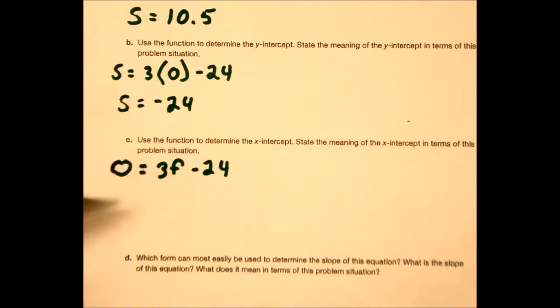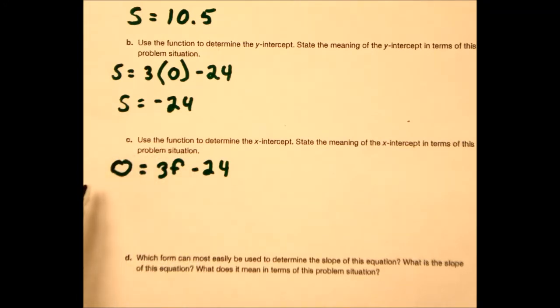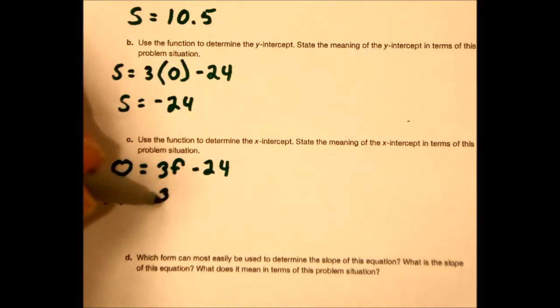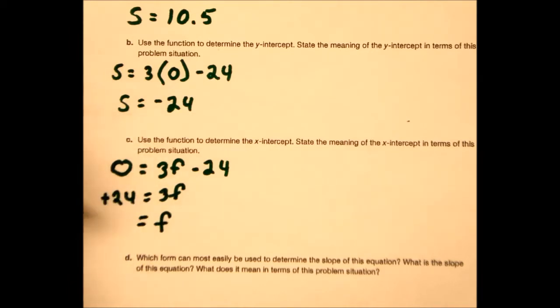So now we're going to solve for the x-intercept. Okay, so now I got to move this 24 to the other side. Remember, we're trying to separate the variable from the number. And it ends up being positive 24 equals 3f, divide by 3, and I get f equals 8.